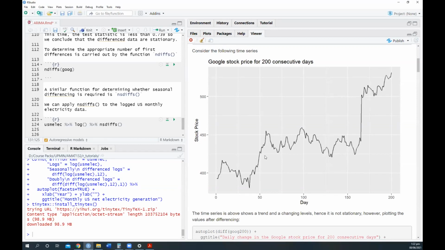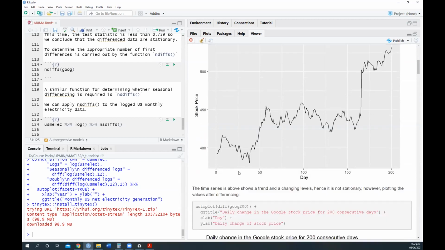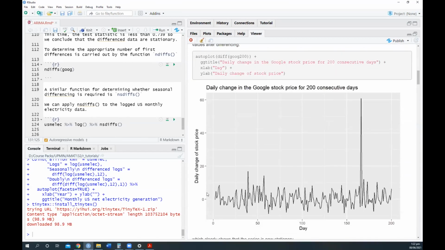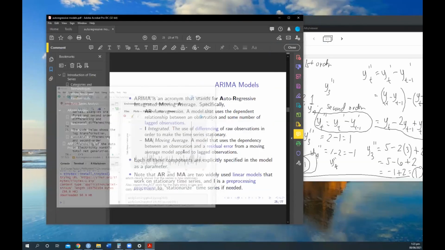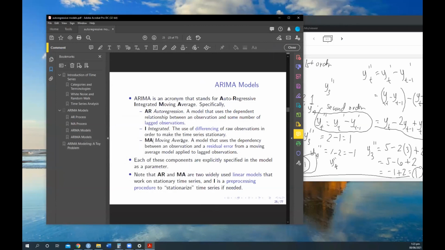But if we apply first order differencing, you will obtain this new time series, and this is now stationary. So by applying differencing, you make a non-stationary time series stationary. Okay, new idea.